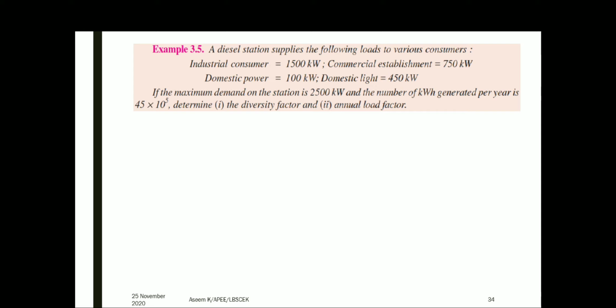If the maximum demand on the station is 2500 kilowatt and the number of kilowatt hours generated per year is 45 into 10 raised to 5, determine the diversity factor and annual load factor. So diversity factor is the sum of individual demands divided by maximum demand. So individual demand is given as 1500 plus 750 plus 100 plus 450, divided by 2500, and you will get the diversity factor.